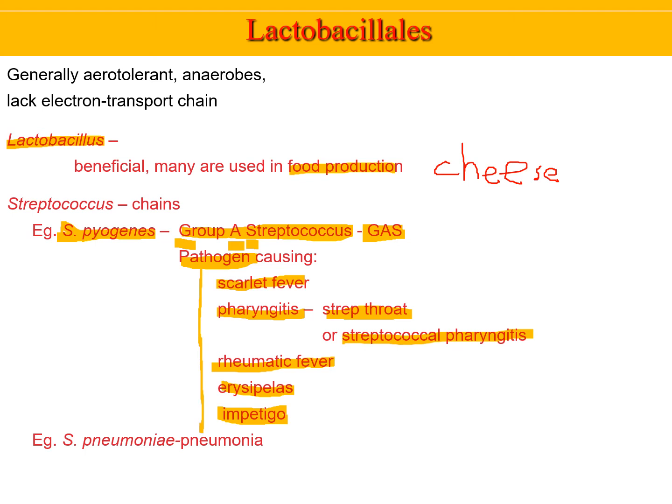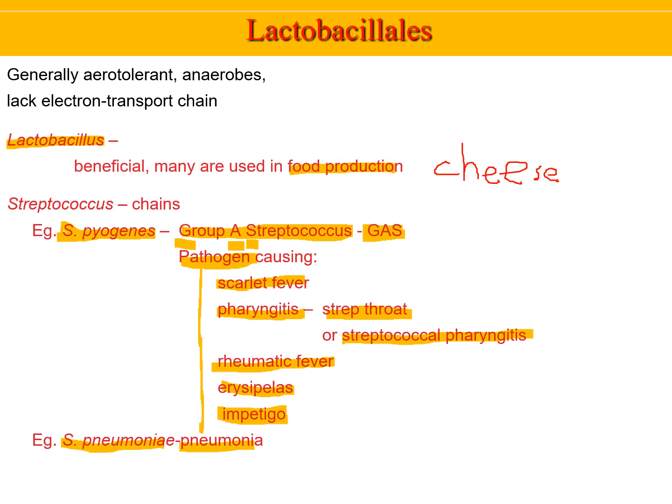Another important species is Streptococcus pneumoniae, which causes pneumonia. We spoke about Streptococcus pneumoniae when we were talking about capsules and transformation of bacteria, transformation by genes coding for capsules, so the transfer of naked DNA between bacteria.